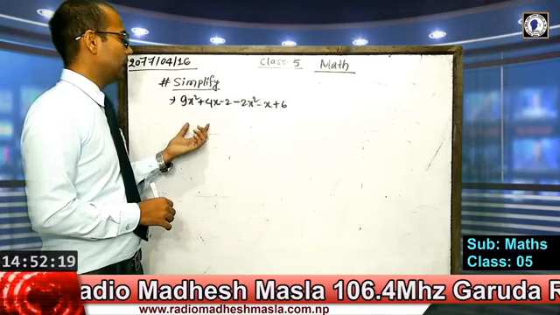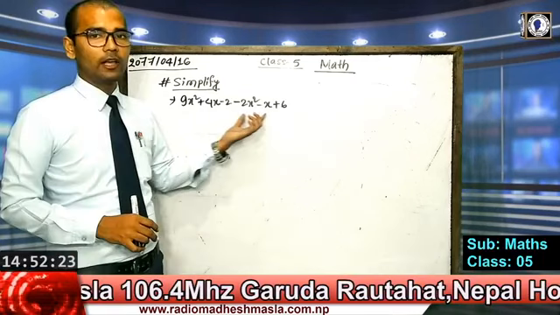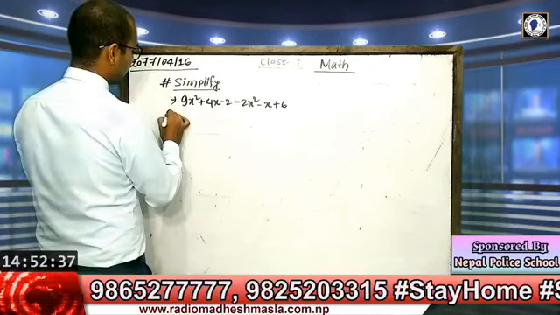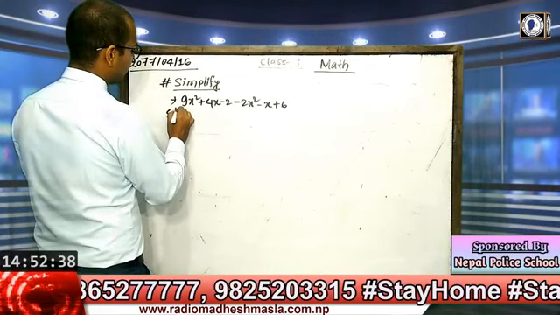If the questions are given in a horizontal way, then we should arrange or write the same terms at the same place. So here the solution is of 9x square plus 4x minus 2 minus 2x square minus x plus 6.